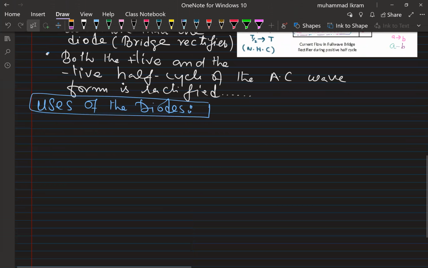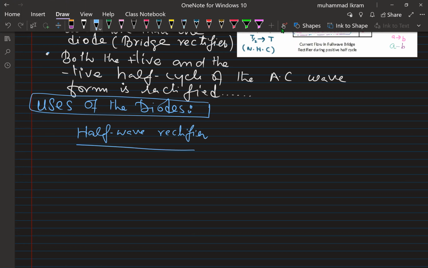Now we have some uses of the half wave rectifier. Here we have the half wave rectifier and here we have the full wave rectifier.